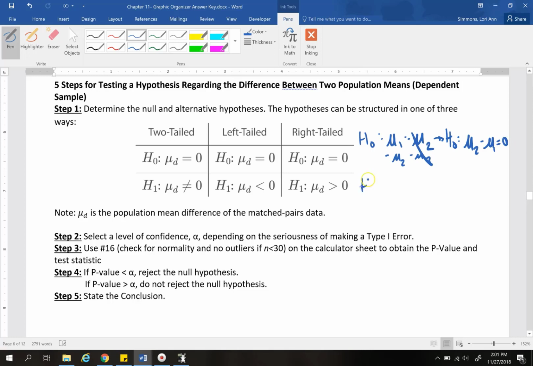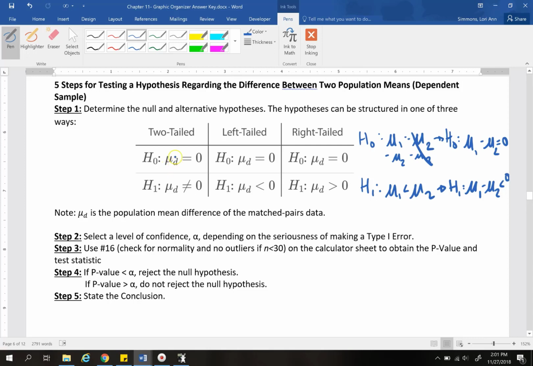And then the alternative, let's just do the less than. Again, if you subtract mu 2 over, your alternative is mu sub 1 minus mu sub 2 is less than 0.